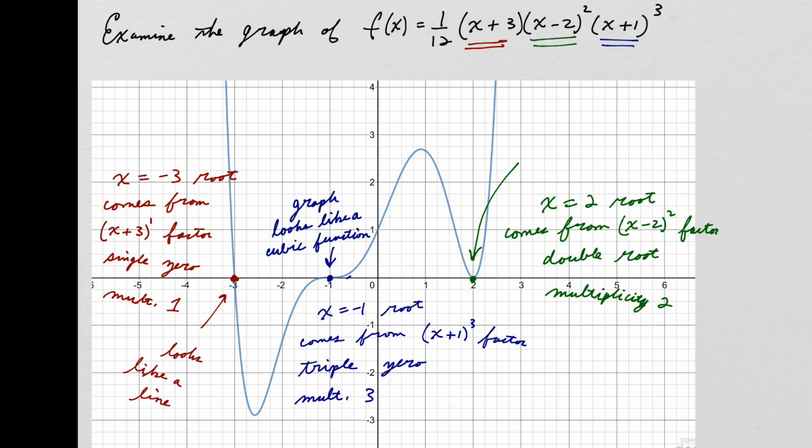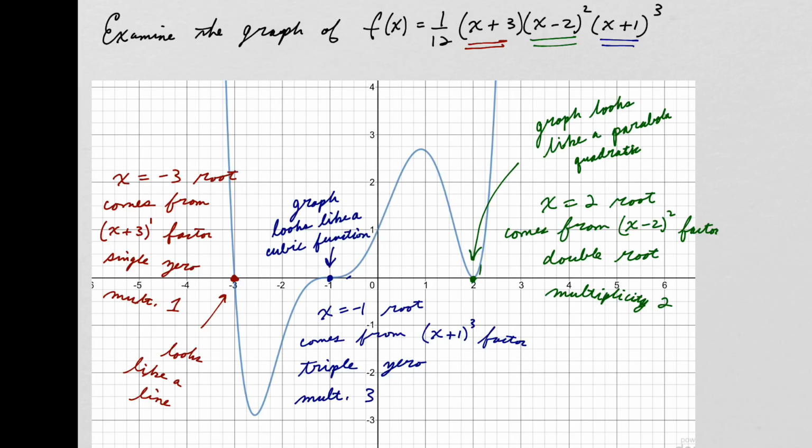So the graph looks like a parabola, or a quadratic function. So it kind of just touches the x-axis and bounces off.